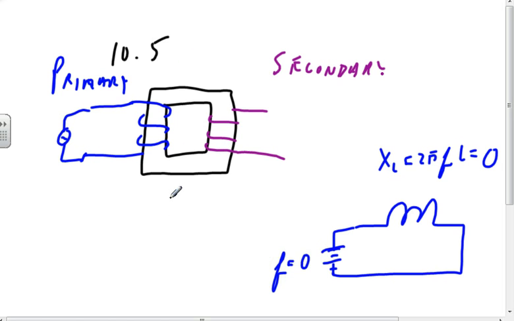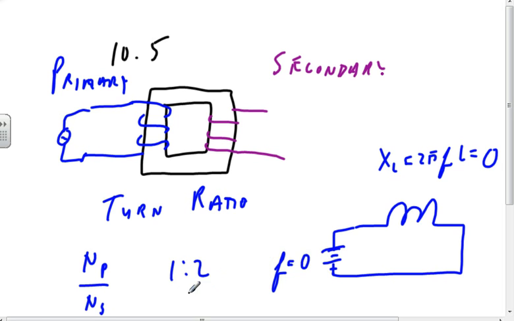So a transformer has a turn ratio. Turns primary to turns secondary might be 1 to 2, for example.